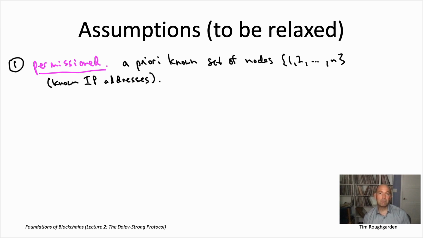So when a node spins up and fires up this protocol, it's actually given a list of n-1 IP addresses, basically being told these are the n-1 other IP addresses you should be expecting to hear from, to receive messages from, and you should feel free to send those other n-1 nodes your own messages as well. Now, pretty much the entire 20th century literature about consensus protocols works in the permissioned setting.